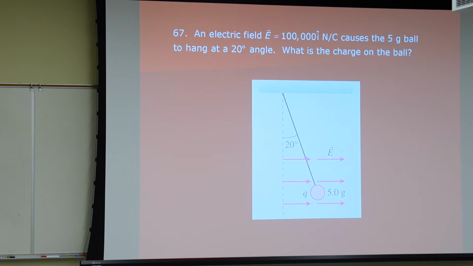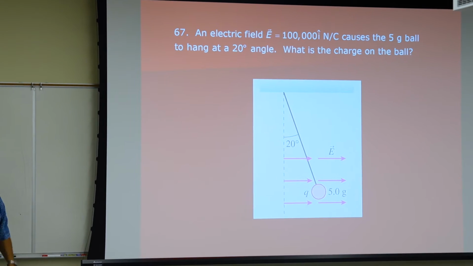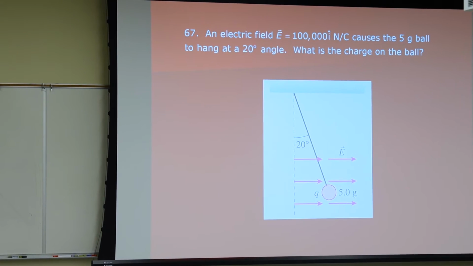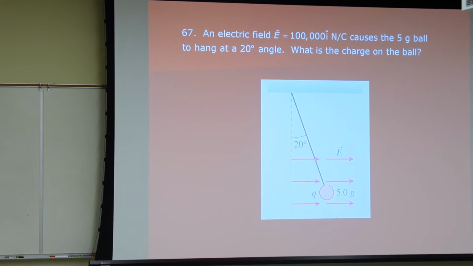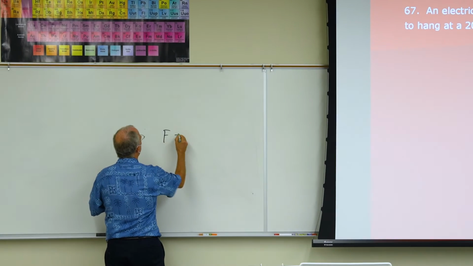Okay, so we have an E field, 100,000 newtons per Coulomb in the I hat direction. And everybody remember? So I is like X, J is like Y, and K is like Z. Okay, so we have an E field going to the right, 100,000 newtons per Coulomb. And by the way, F equals QE.